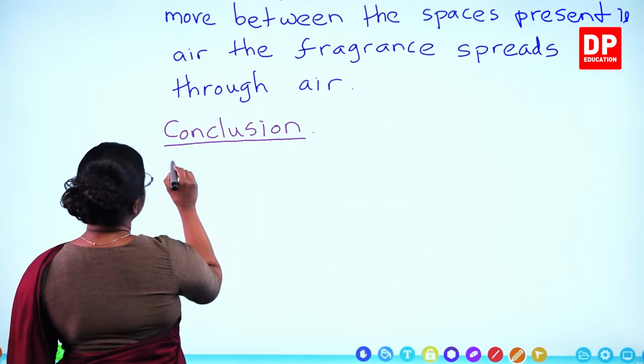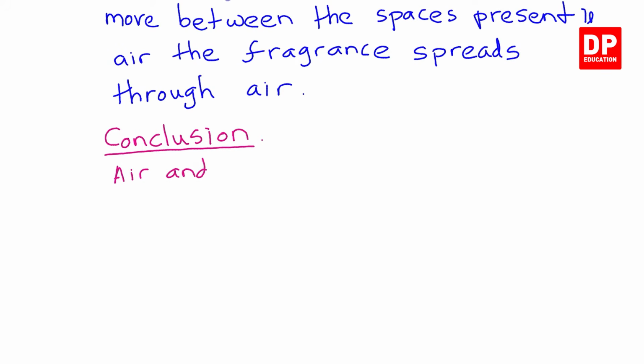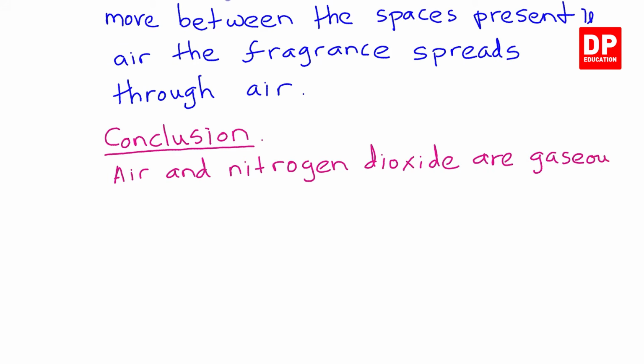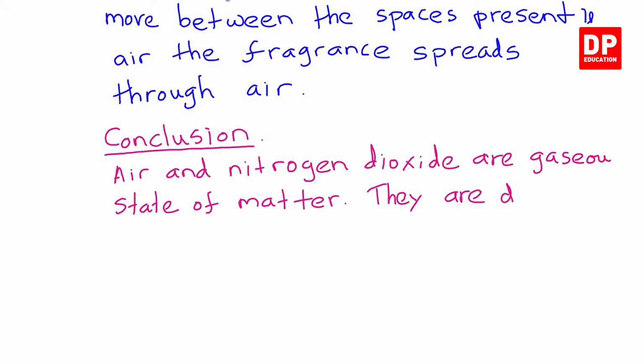So here again we can say air and nitrogen dioxide are gaseous state of matter. They are discontinuous in nature.